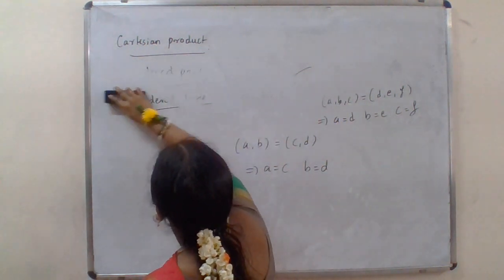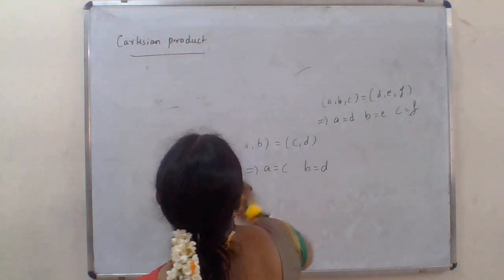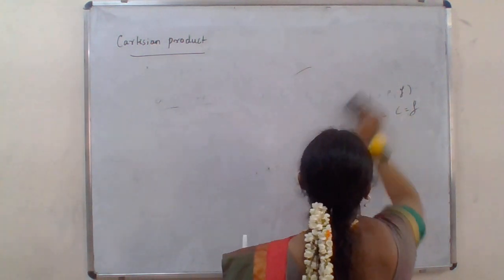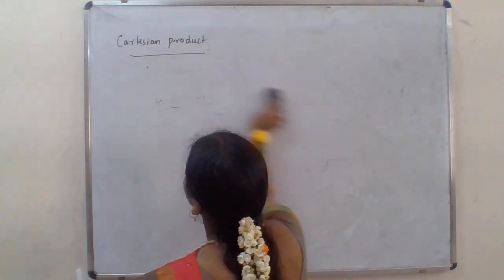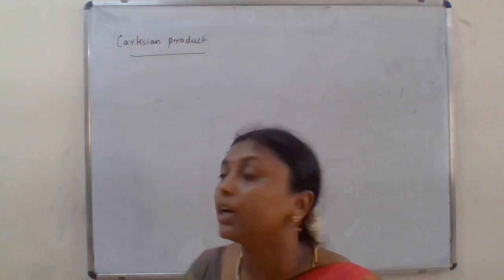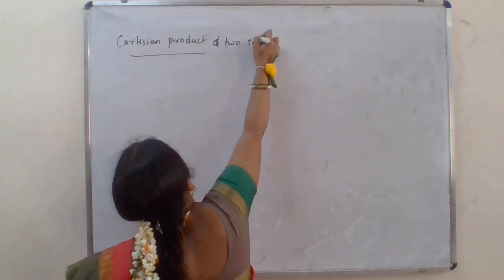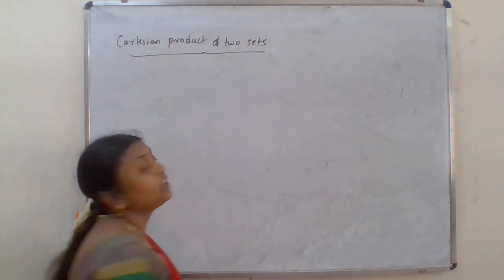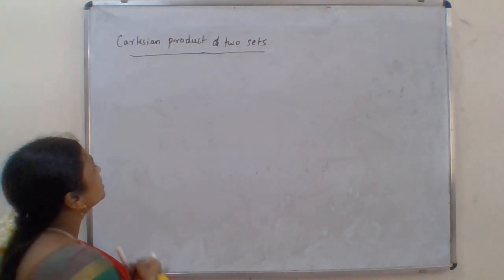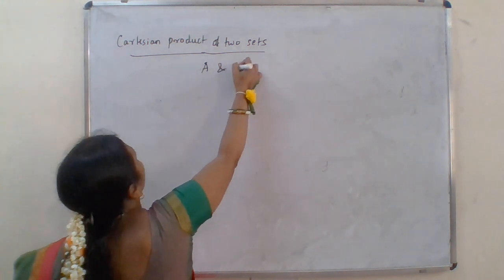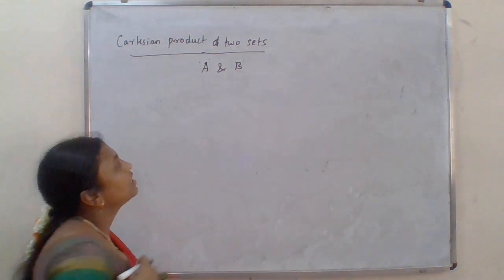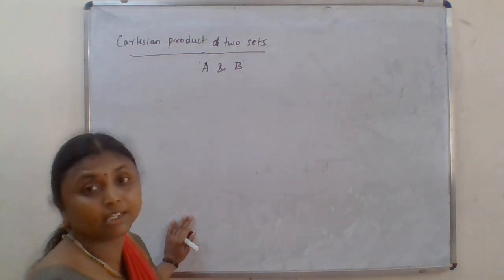Now Cartesian product. First one, Cartesian product of two sets. Here the definition is: a and b are any two non-empty sets.